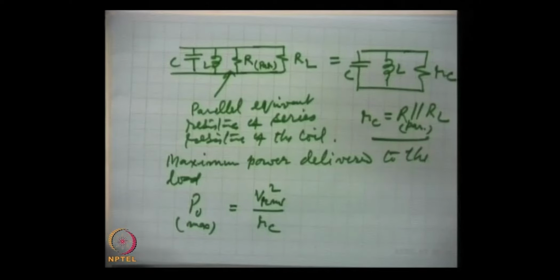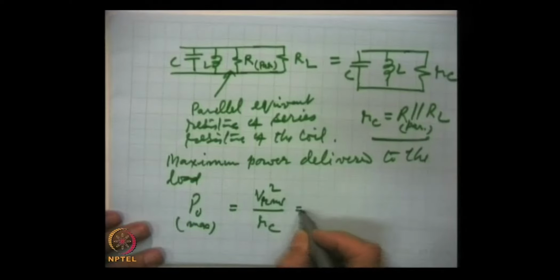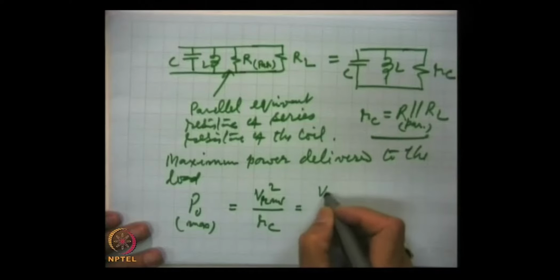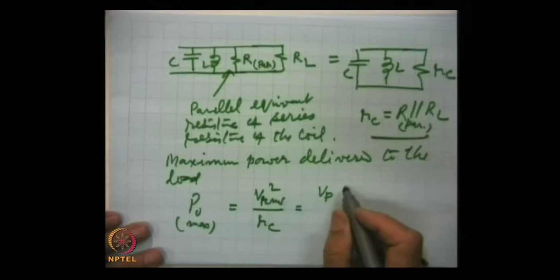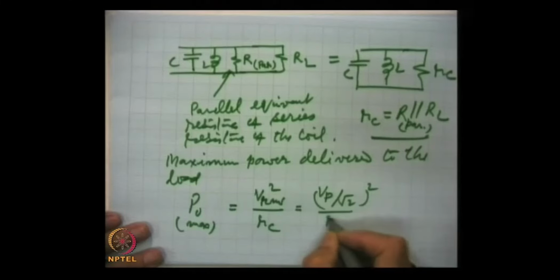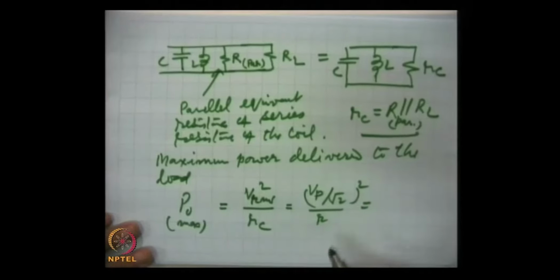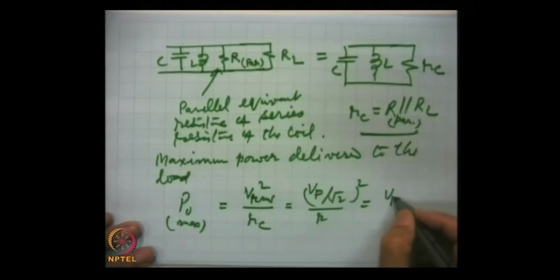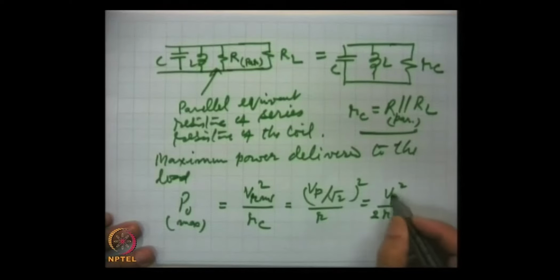This is equal to Vp, the peak value, divided by root 2, squared, by Rc, and this is Vp square by 2 Rc. But Vp is close to Vcc. So, this is actually Vcc square by 2 Rc.